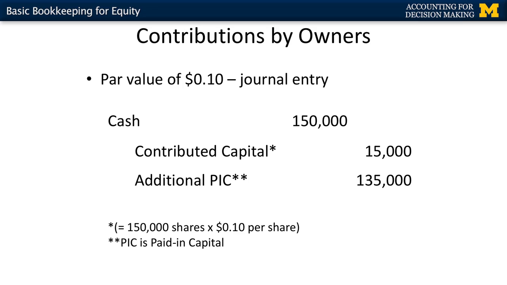You might see it called something different like paid-in capital in excess of par value or capital beyond par value. Any of those terms are just letting you know that this also came from the shareholders, and it's just something in excess of this declared par value. Notice that if you add it up, it's the same 150,000, and if you see these accounts on a balance sheet somewhere, you should just think of them all as being contributed capital.